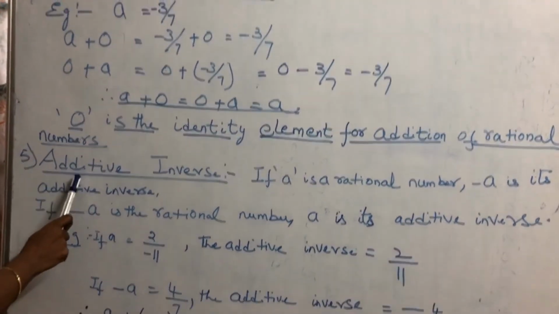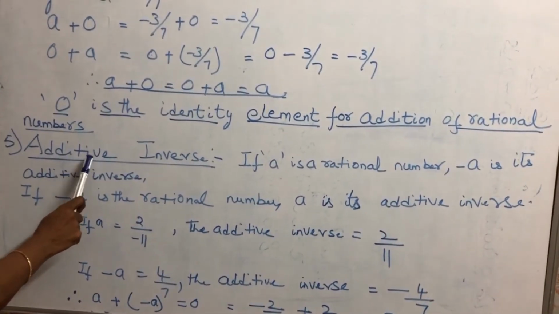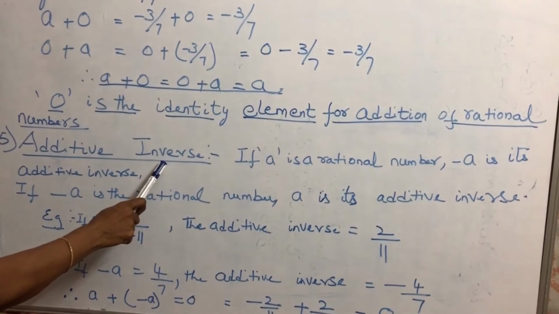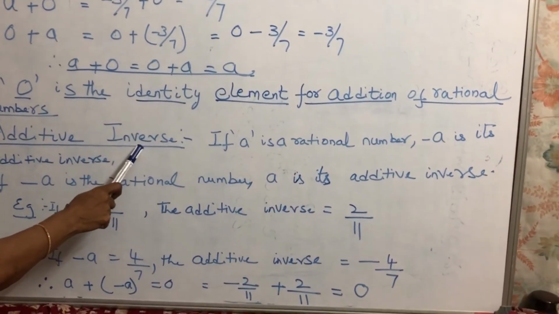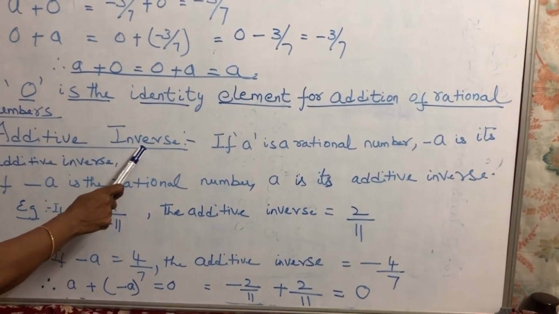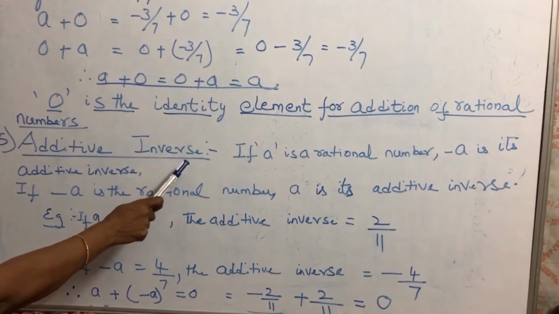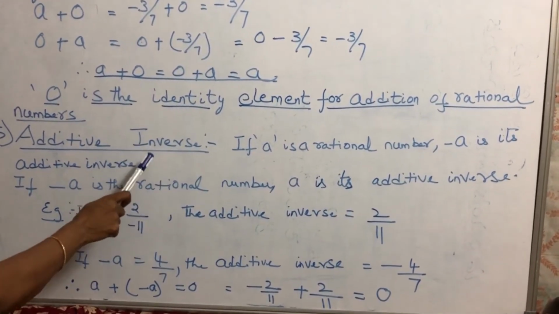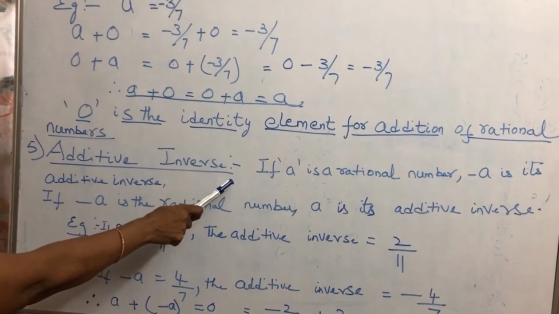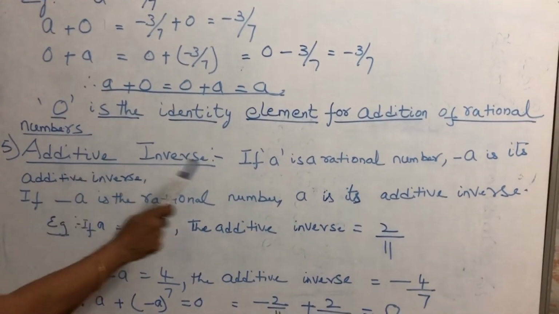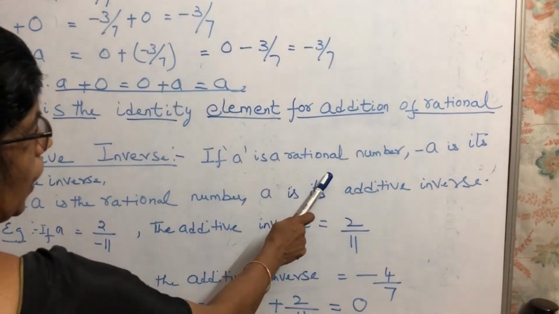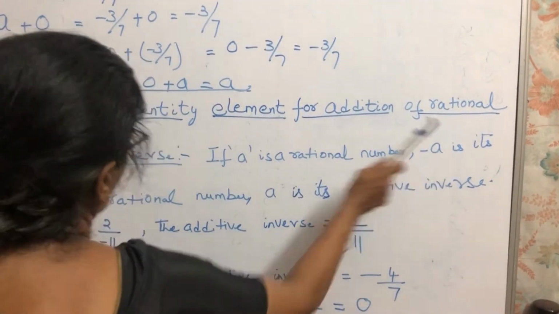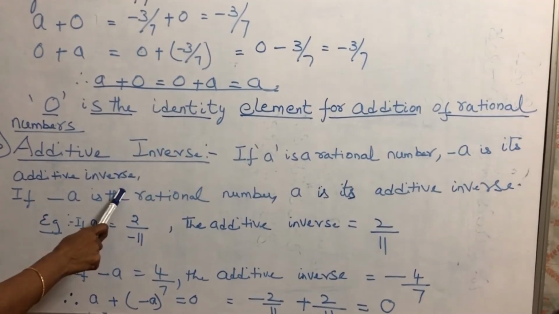Fifth one is the additive inverse. The meaning of the word additive inverse is, if your rational number is positive, the additive inverse will be negative. If the rational is negative, the additive inverse will be positive. If A is a rational number, minus A is its additive inverse.